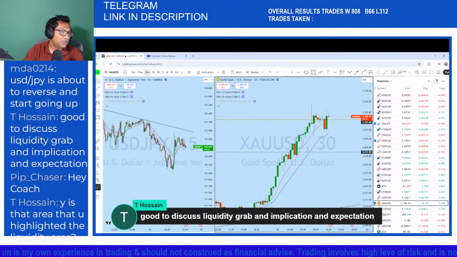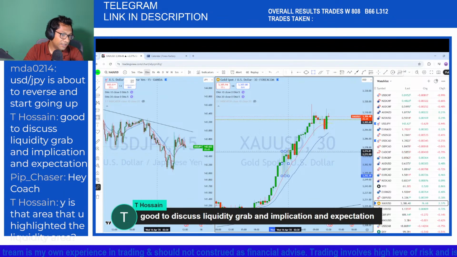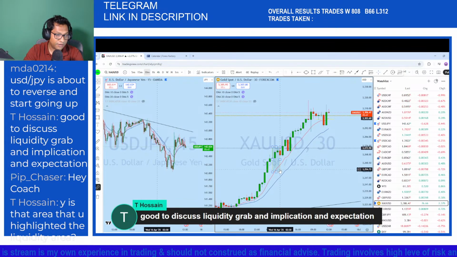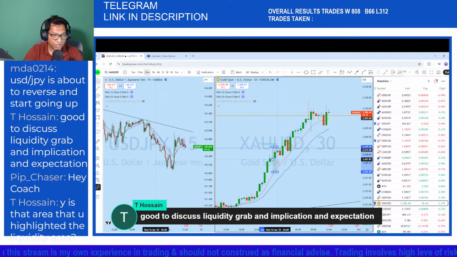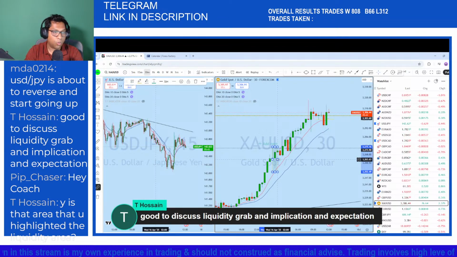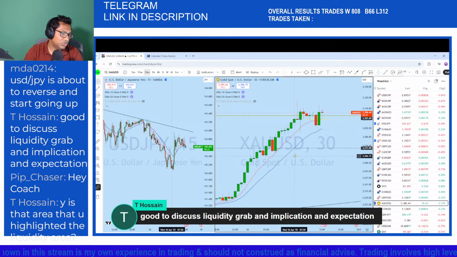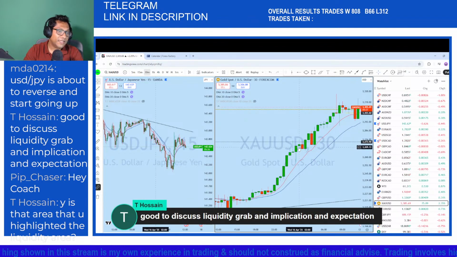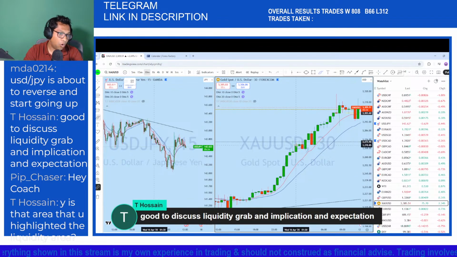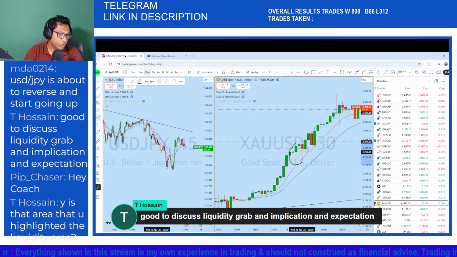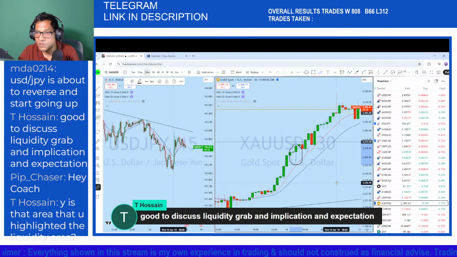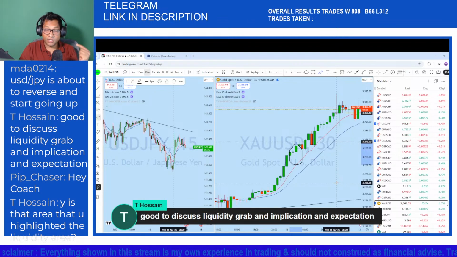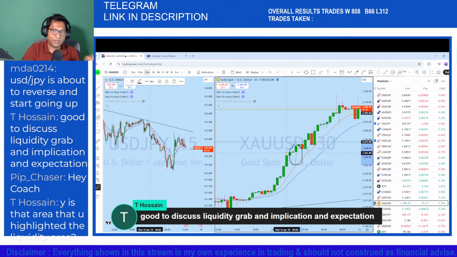So what do I mean by this? Let's understand it. Earlier today we had a trade here. You guys have seen that in the VIP group. We secured that profit and are looking forward to having some more later today. Now when this 30 minutes bullish candlestick pattern has formed, as a retail trader we know that there is a liquidity grab here.